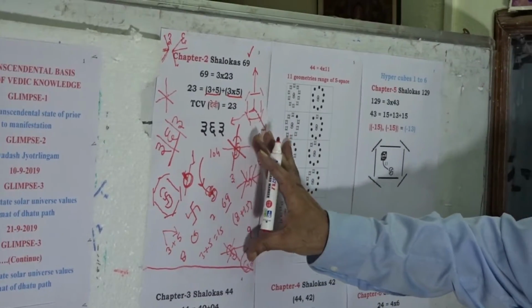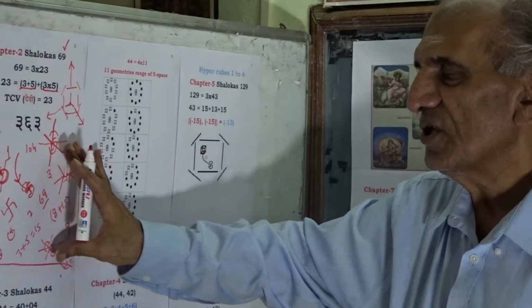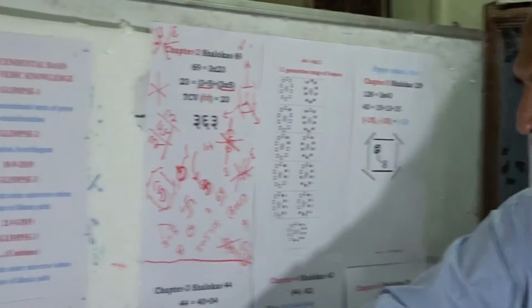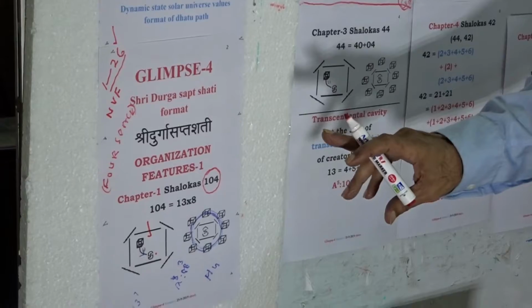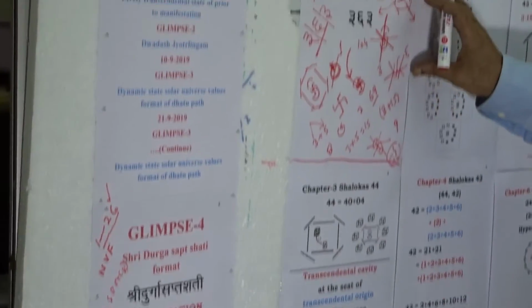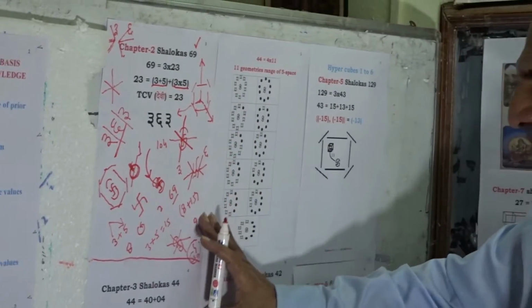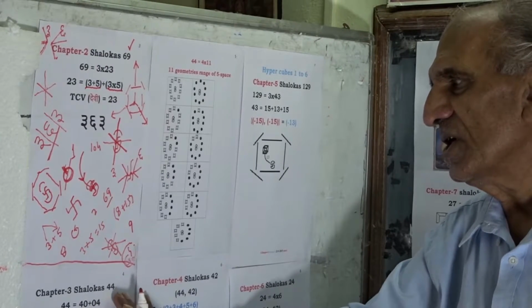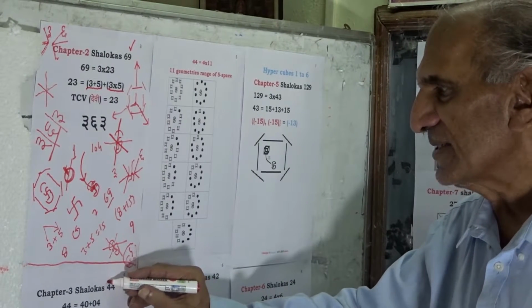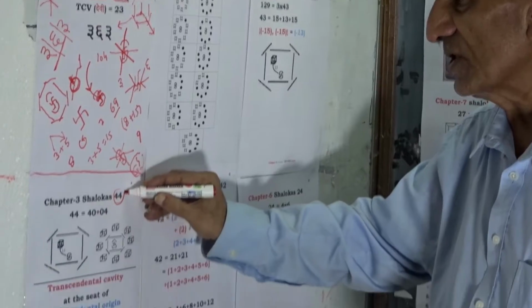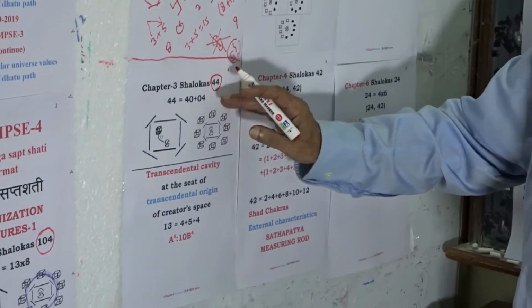When we have a transition and transformation from chapter 1 to chapter 2, then at a step ahead we will be reaching at the value 44 as chapter 3 shlokas range, 44 of chapter 3.